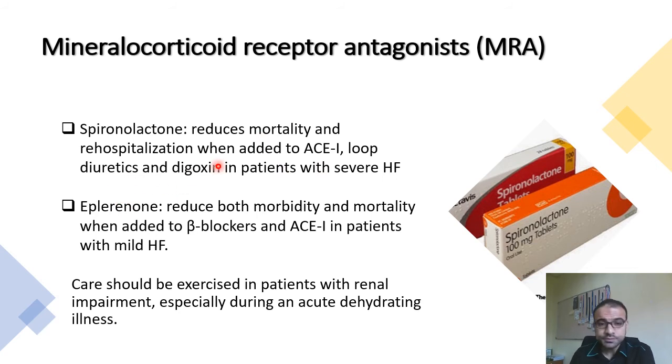Eplerenone has also shown some benefit when added to a beta blocker and ACE inhibitor in patients with mild heart failure. In general, in this class, keeping an eye on renal impairment is very important, especially in patients with acute decompensation or acute dehydrating illness. In this case, closer monitoring could be warranted.